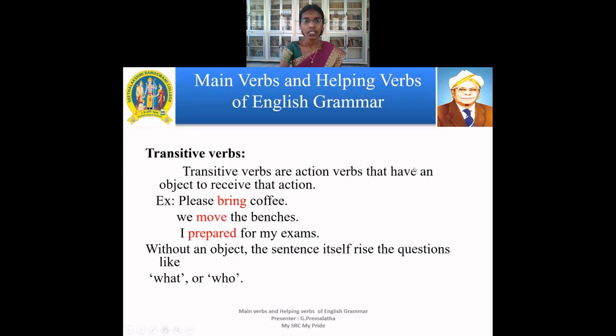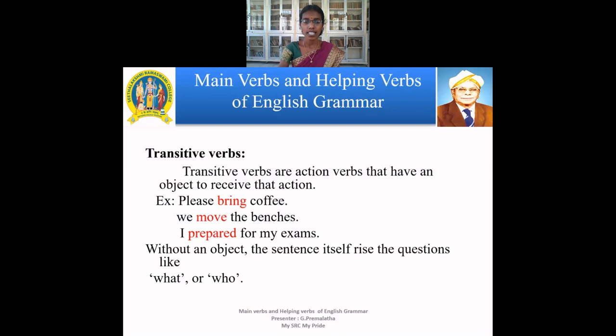Next one, transitive verbs. Transitive verbs are action verbs that have an object to receive that action. To give a complete meaning, we must have an object in the sentence if we use transitive verbs. For example, please bring coffee.